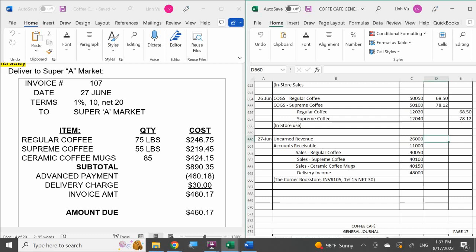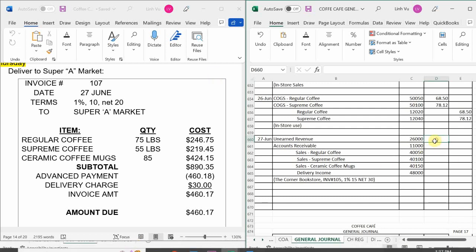Here, we applied it to the invoice. So now the amount that they owe us is reduced because they already paid half of it up front. Right. Okay? So in the debit for unearned revenue, we need to put the 468.18.